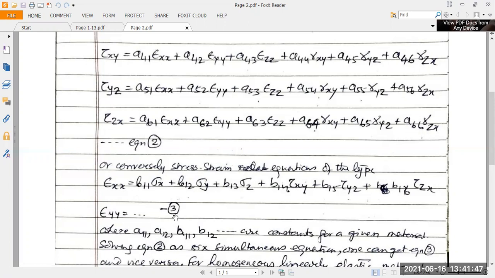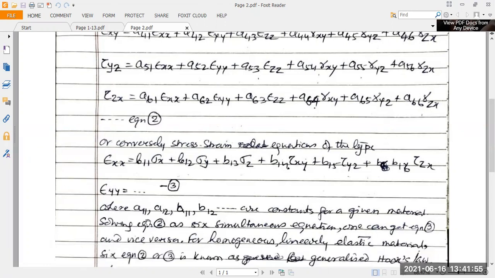Equation number 2 is a set of 6 equations, and the same is the case with equation number 3, which is also 6 equations, where A1, A2, A3, B1, B2, etc. are all constants for a given material itself. If we solve equation 2 as 6 simultaneous equations, one can get equation 3 and vice versa.